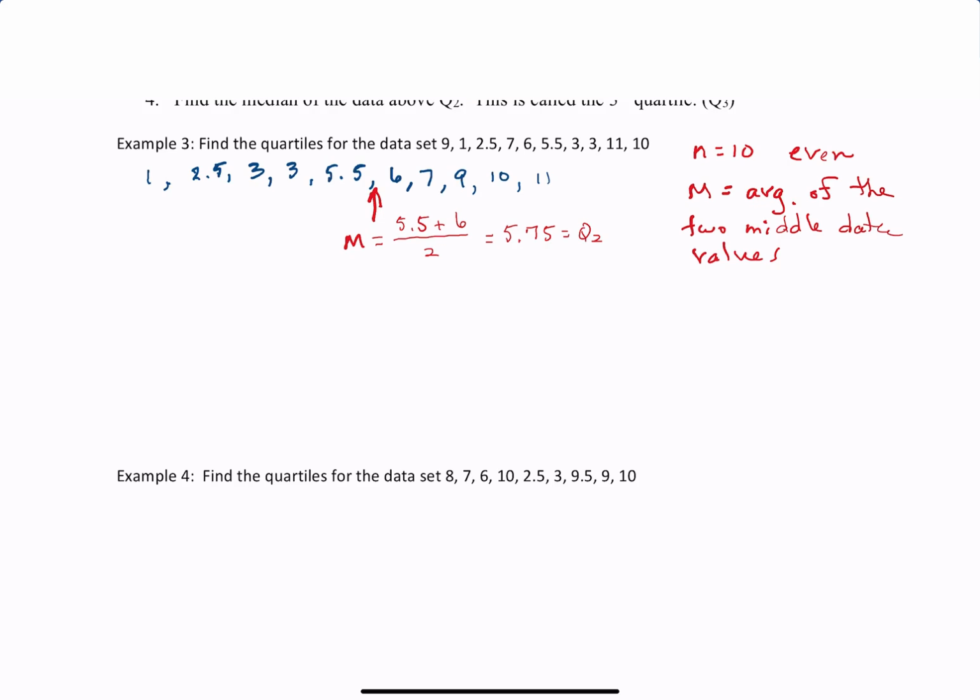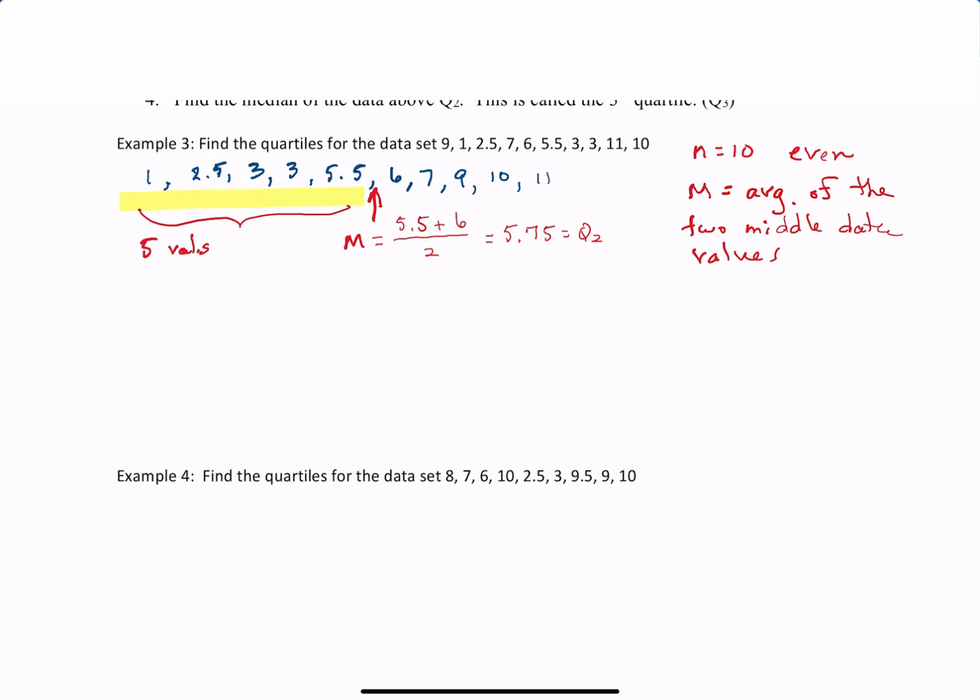Now we look at the data values below the median, and I need the median of those. Again, to find the median, I have to start by asking myself, do I have an odd number or an even number of data values? And in here, there are 5 data values. I'm just going to abbreviate that, VALS, for values.